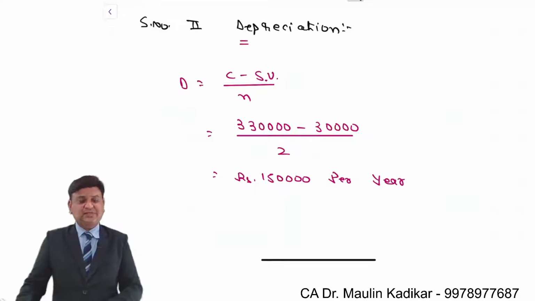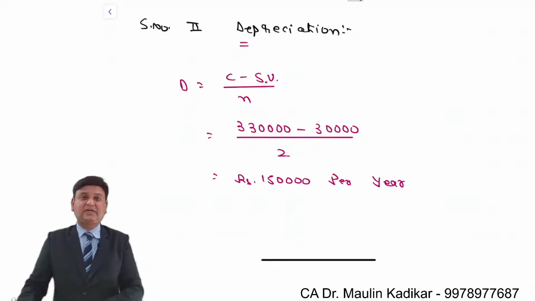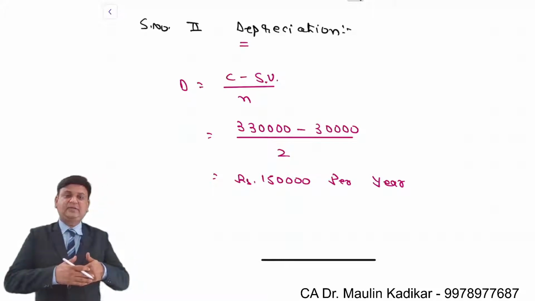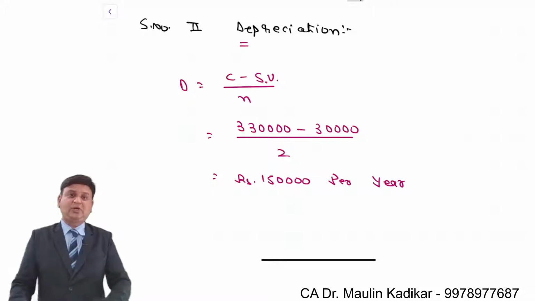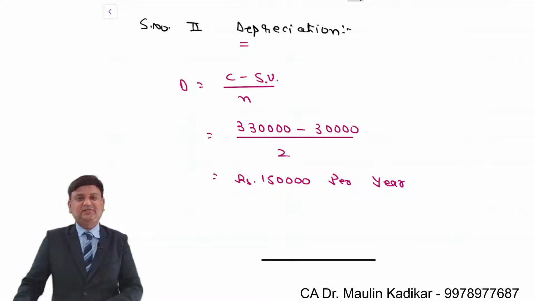However, depreciation is an allowable expense from a tax point of view. Since it is an allowable expense, we compute depreciation for the purpose of calculating the correct income tax. If we have been told to ignore tax, then we will ignore depreciation also.